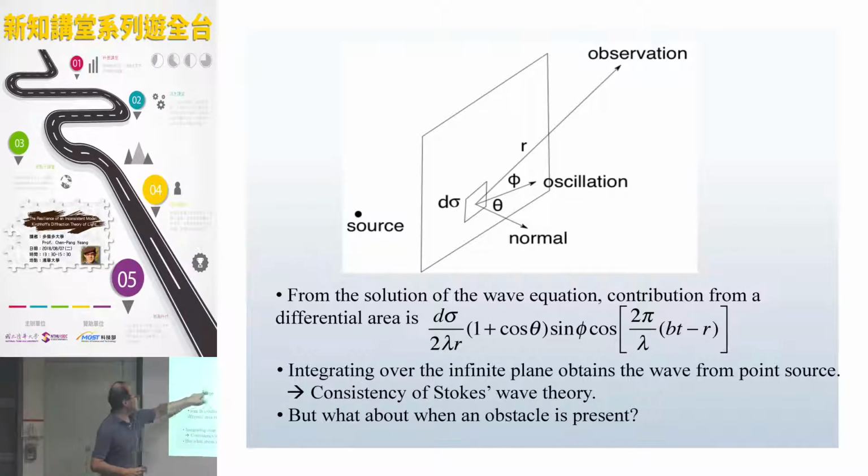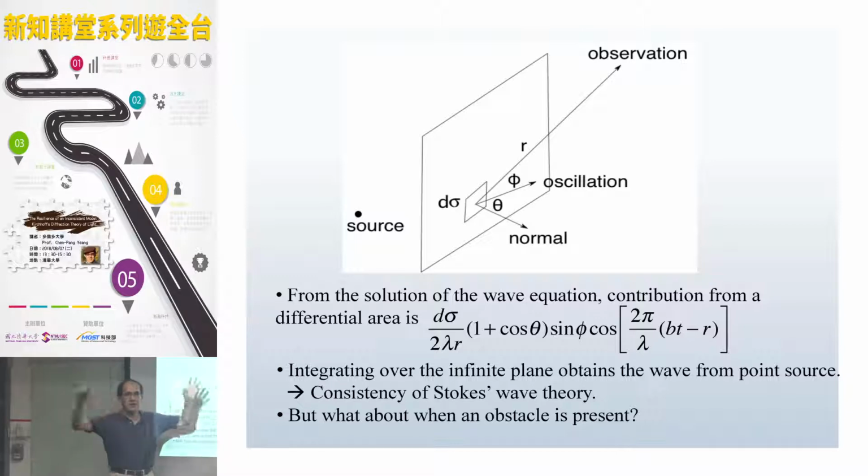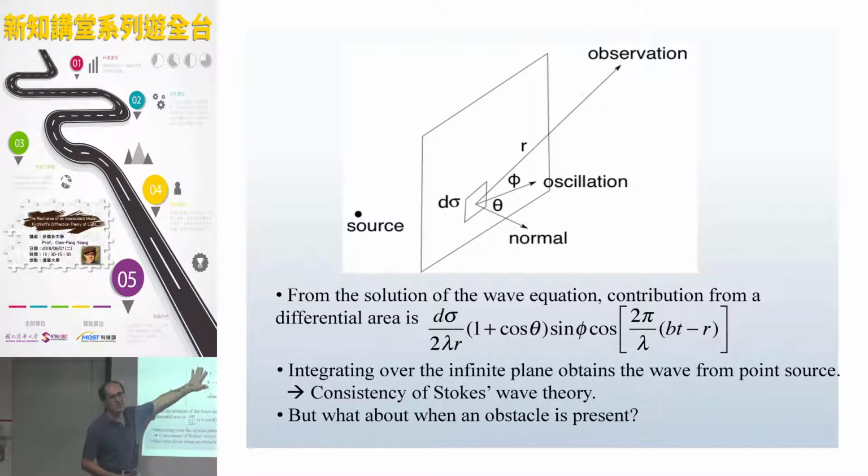Consider this is a light source, a point source, and consider this is an imaginary infinite plane. There are no physical materials on this plane. This is just an imaginary plane in space, right?